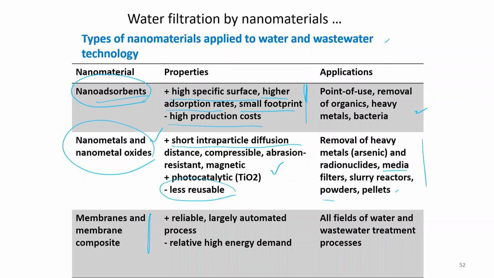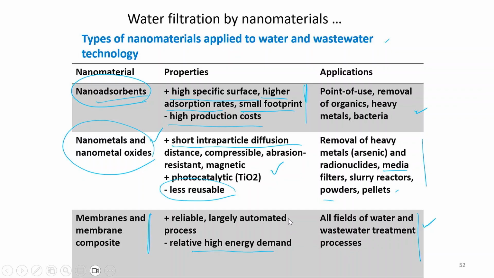The negative point is the relatively high energy demand, because with smaller pores we need pressure, a pressure drop, and higher energy to flow the fluid. This is widely used in water treatment, wastewater treatment, and water purification. At present these membrane type filters are widely used.